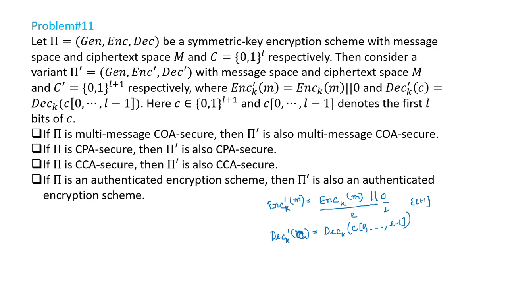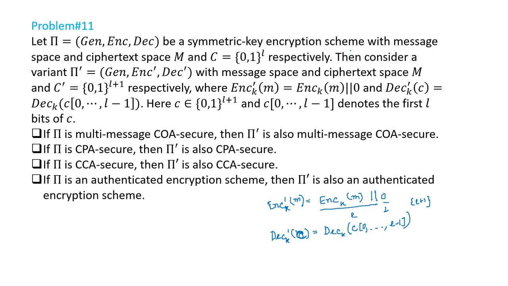Note that during decryption, the last bit simply gets discarded. In the ciphertext, if you notice, the last bit 0 does not really contain any information about the underlying message. All the information about the underlying plaintext is contained in the first L bits of the ciphertext only, and the decryption also simply discards the last bit 0 and considers the first L bits of the ciphertext to decrypt.